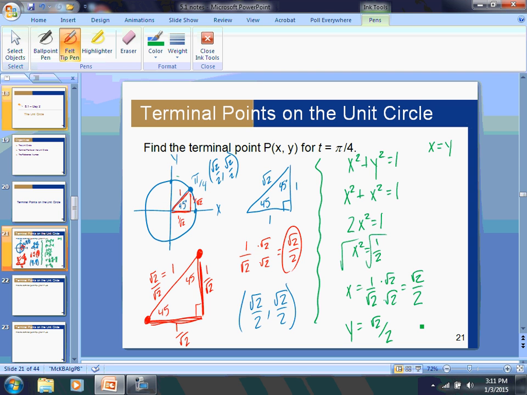Okay? So there's two ways that you can think your way through this and find the terminal point for pi over 4. But you just need to know from now on, when we're using our unit circle, that terminal point is going to be square root of 2 over 2 and square root of 2 over 2.